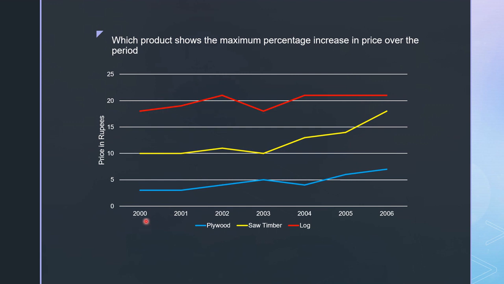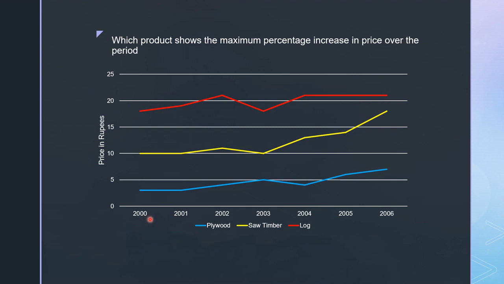So in 2000 the price in rupees of plywood is 3. In 2001 it was also 3. In 2002 it is 4. In 2003 it was 5. In 2004 the plywood price is 4. In 2005 we consider this point, that is 6, and in 2006 this point we have to consider 7.